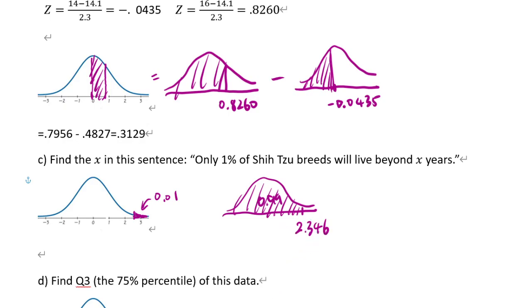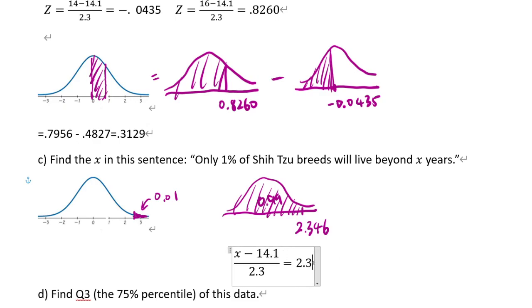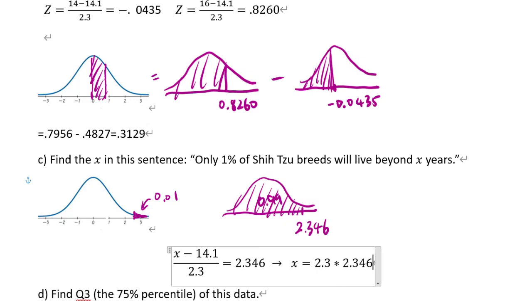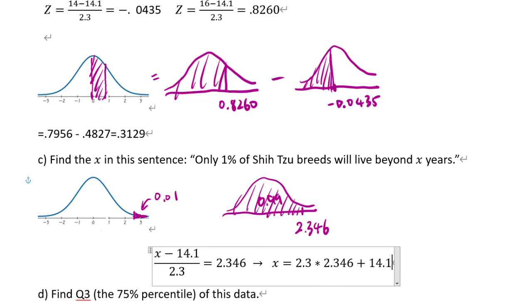The problem is that this is obtained on the standard normal distribution, right? So we're looking for the age x whose z-score is 2.326. So you solve for x: x minus 14.1, divided by 2.3, equals this critical value 2.326. To do that, you multiply by 2.3, and then add 14.1.